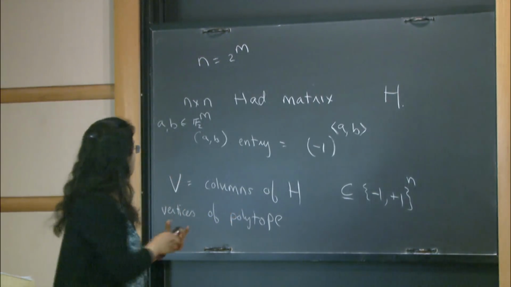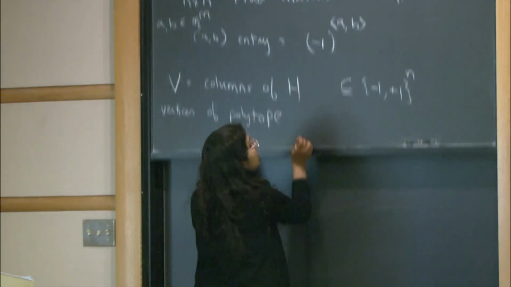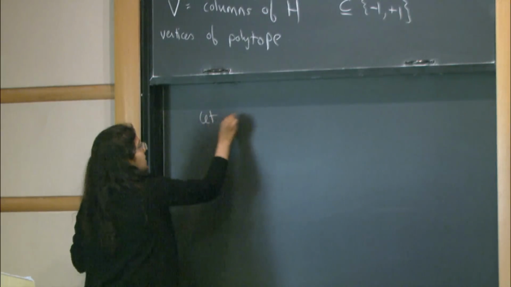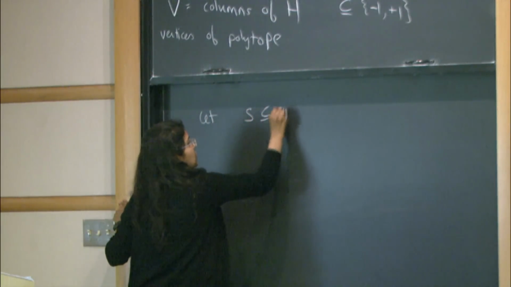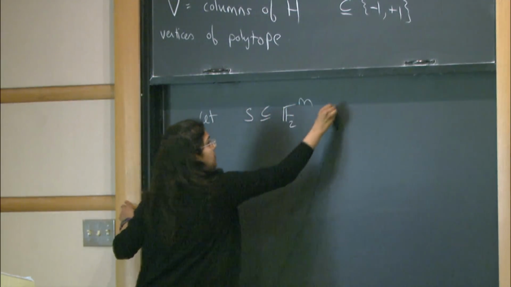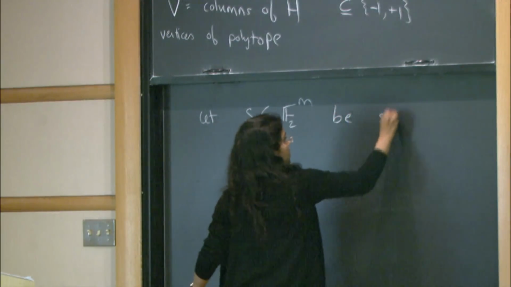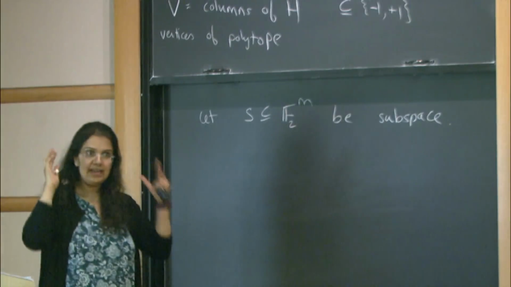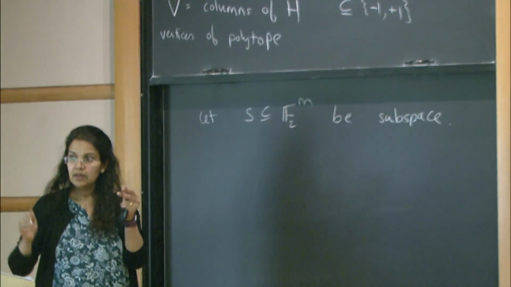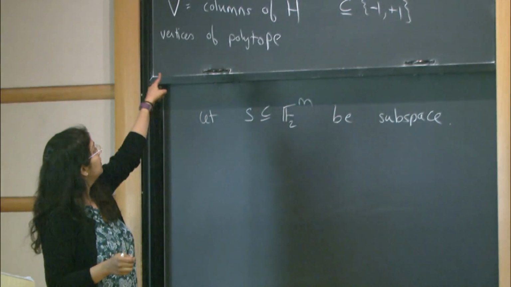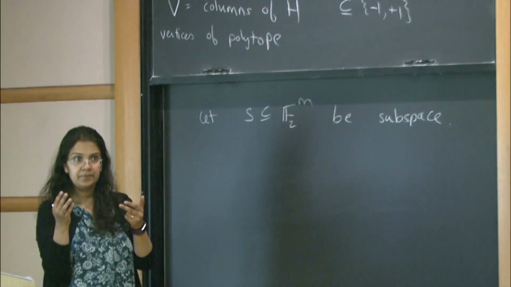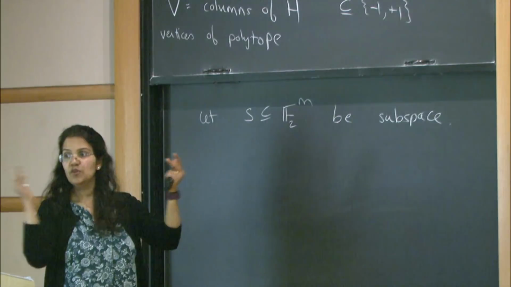The way Ramprasad does it is, let S, a subset of F2 to the m, be a subspace. So let's take any subspace of F2 to the m. Let's look at all the vertices corresponding to elements of that subspace, and let's take their uniform convex combination.